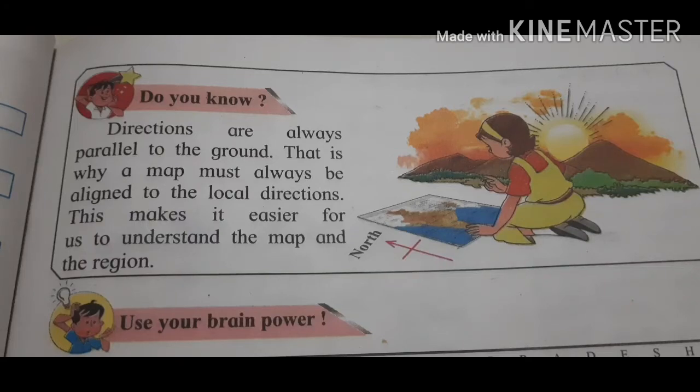The directions that lie between every two adjacent main directions are subdirections. Which are the subdirections? Southeast, southwest, northeast, northwest. So students, so far we have studied this much. Now let's go for map.